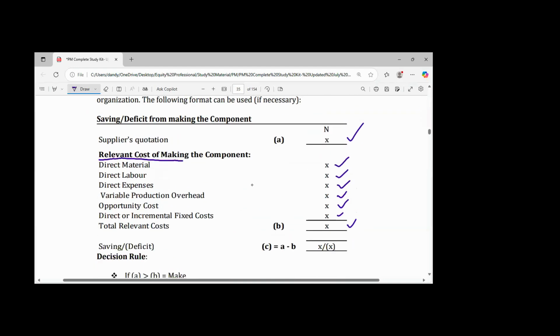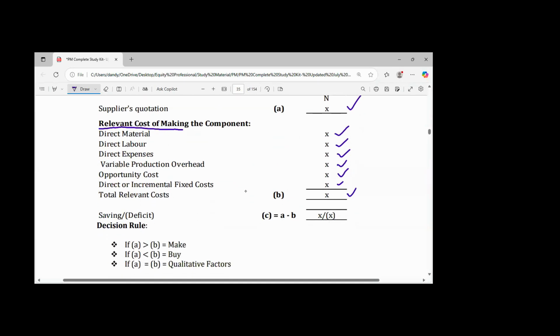So of course, at this point, you need to make a decision. If the supplier's quotation is greater than the relevant cost of making, your decision is to make the product, because what it will cost you to make the product is less than what you are going to pay to buy it from outside.